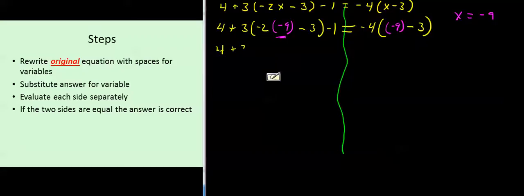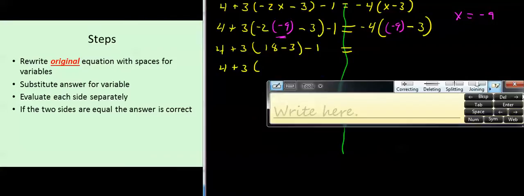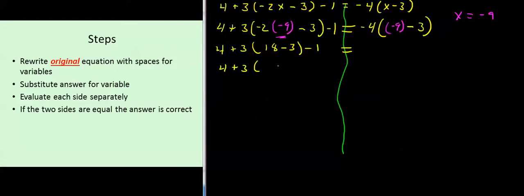4 plus 3 times negative 2 times negative 9 is 18. 18 minus 3 minus 1 equals, 18 minus 3 is 15. 4 plus 3, get rid of this here, 18 minus 3 is 15.